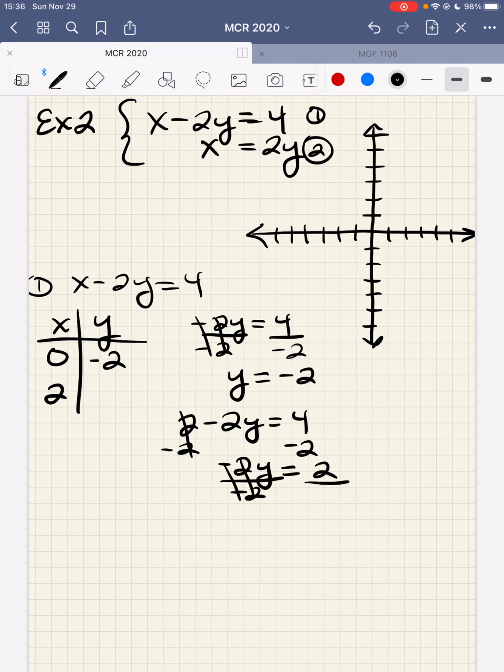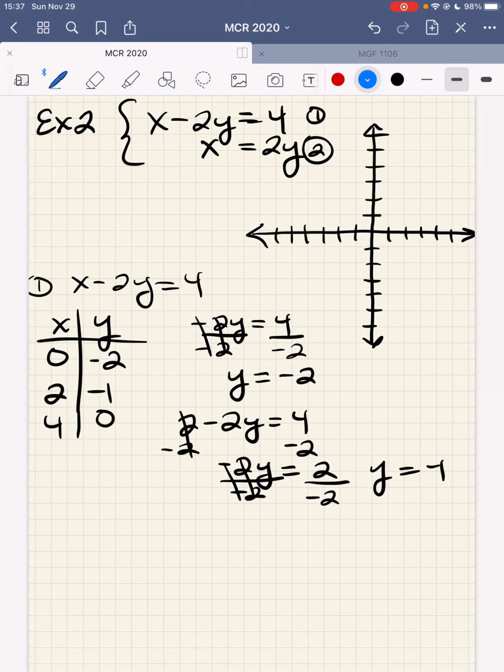Divide again by negative 2. Negative divided by positive is a negative, so y is equal to negative 1. If I wanted to, I could plot a third point. I could make y 0, which would make x 4. You could do the math for yourself.